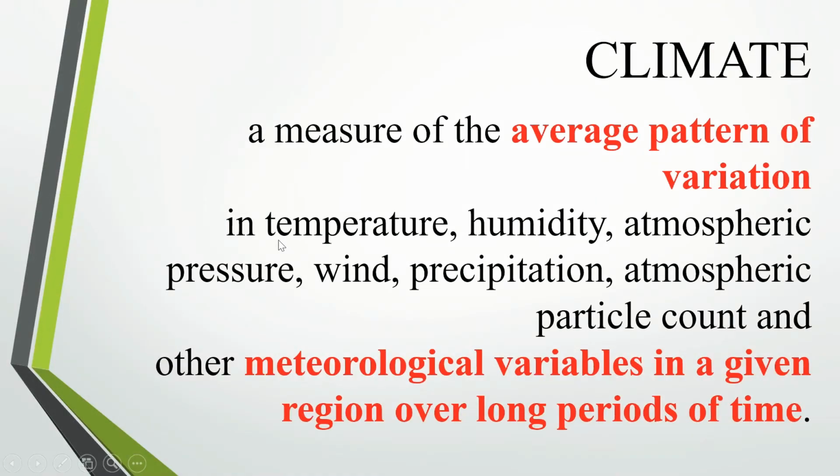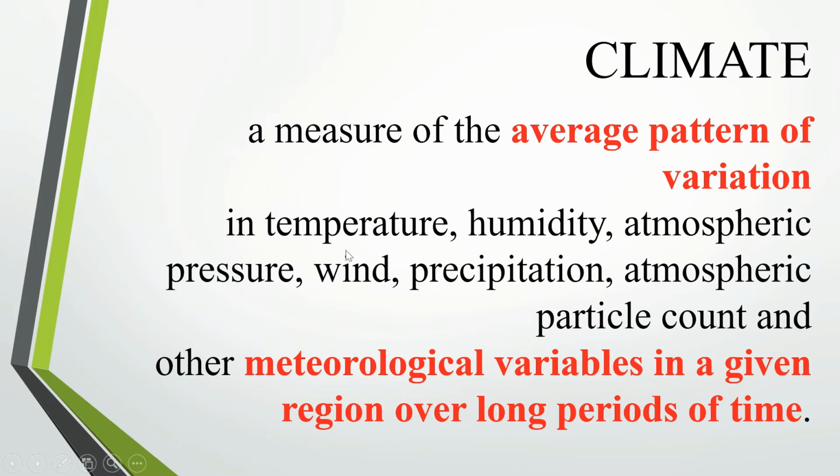So when we say climate, it's a measure of the average pattern of variation in temperature, the hotness or coldness of the body, or the average kinetic energy of a particle. Humidity, the amount of water vapor in the air. Atmospheric pressure, that is the force applying a particular area.